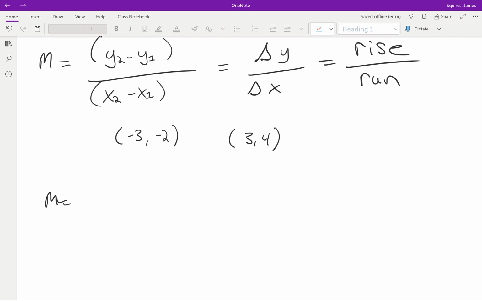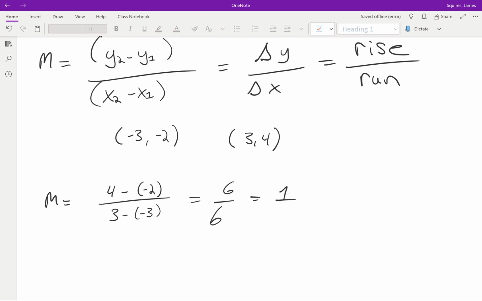We can plug these values into our slope equation, m equals y2 minus y1, all divided by x2 minus x1. So that is the equation of the slope. 4 minus negative 2 equals positive 6. 3 minus negative 3 is also positive 6. 6 over 6 equals a slope of 1.